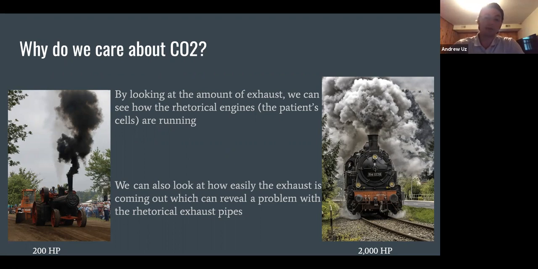I think it's important to think about it simplistically like that, because there's a lot of terms and a lot of stuff that gets into the nitty gritty, but the reality is that it's not really that hard of a concept if you think about it like the exhaust from a motor.